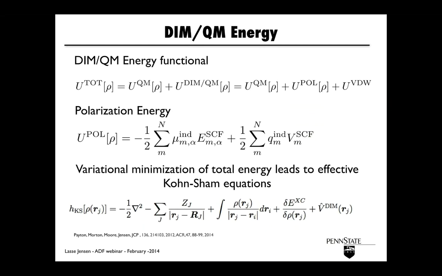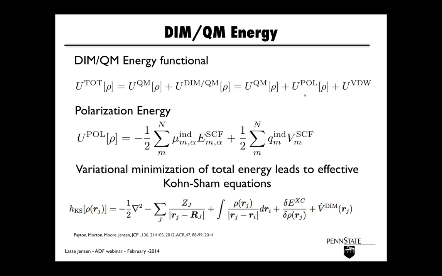So the general way that it's coupled is through a QM/MM type formalism, where you have the energy of your QM part and the energy from the coupling between your QM part and the DIM part. Both of these terms depend on the electron density. If you split it up, you get a QM term and a polarization term that again depends on the density.